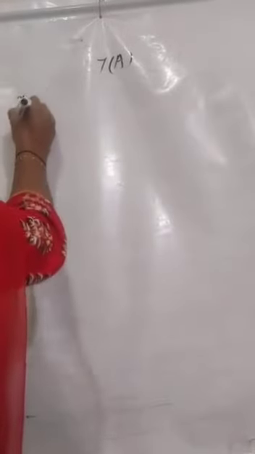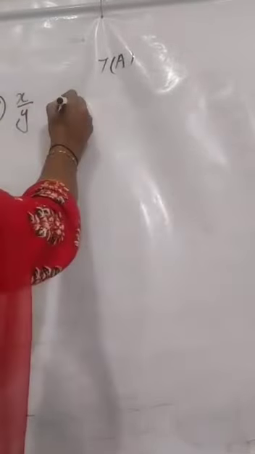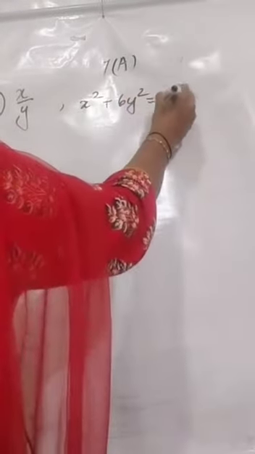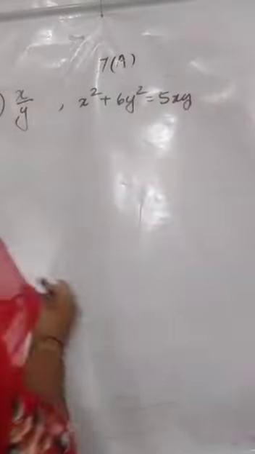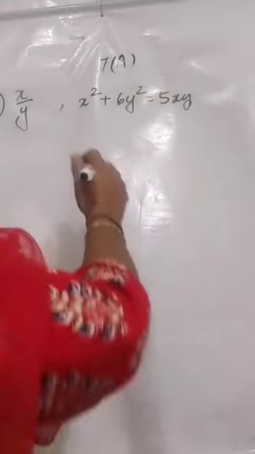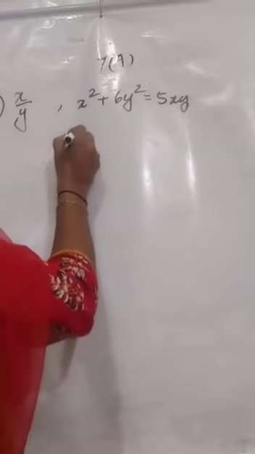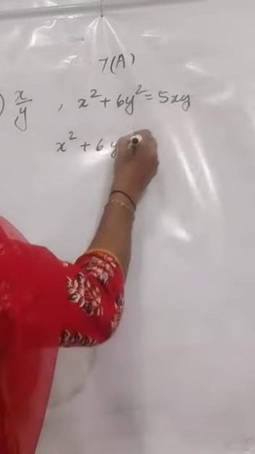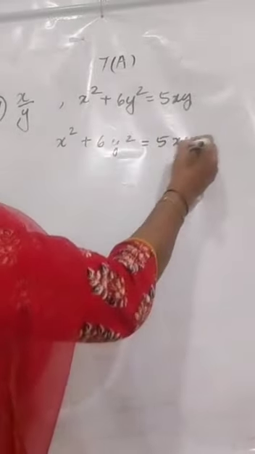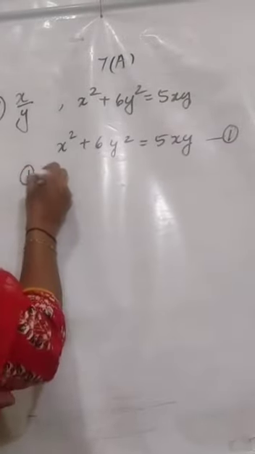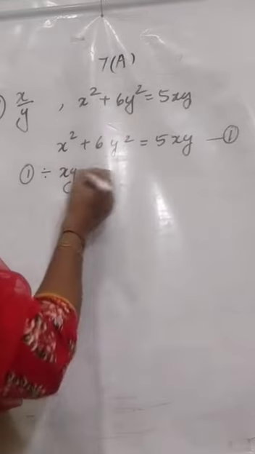Okay. Next is question number 7. Find x/y if x square plus 6y square equals 5xy. How can we find the ratio x/y? First we divide this equation x square plus 6y square equal to 5xy, equation number 1, by xy.